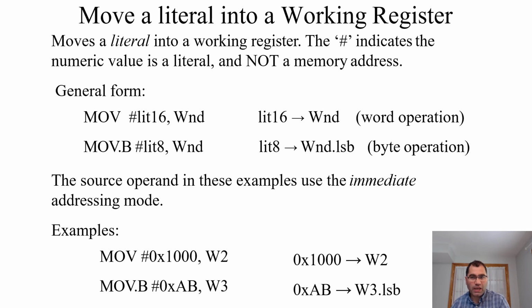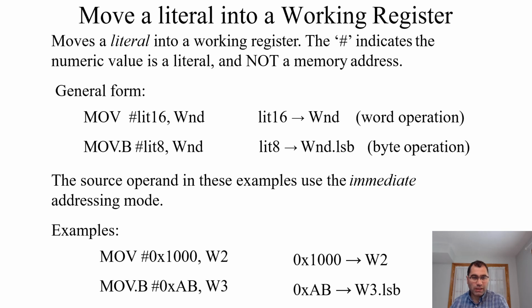The pound sign indicates the numeric value is a literal, and not a memory address. If you don't have this pound sign, the compiler is going to take it as a memory address. So if you mean a literal, you have to put the pound sign before that literal.